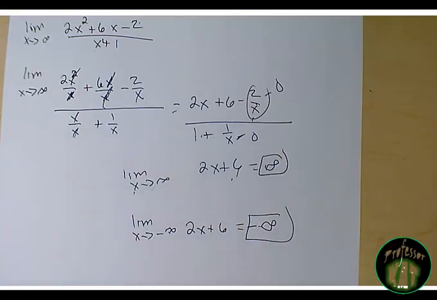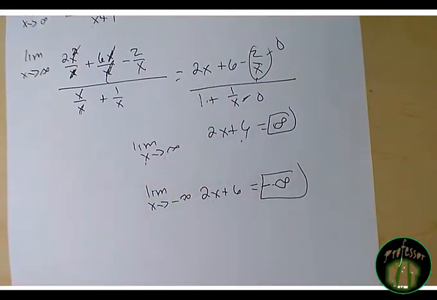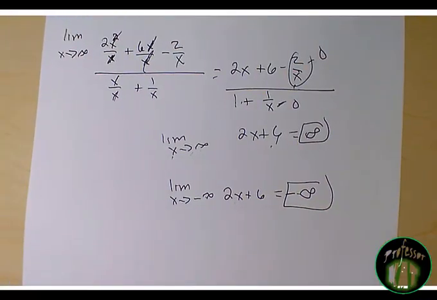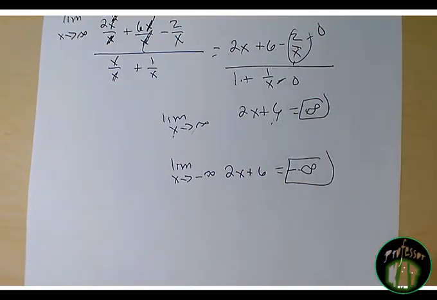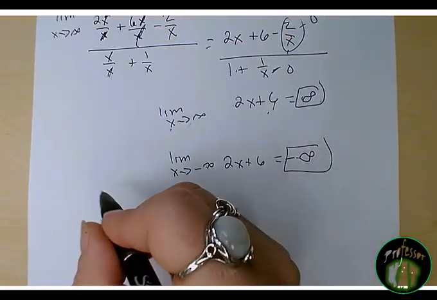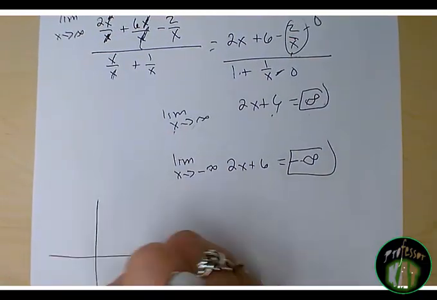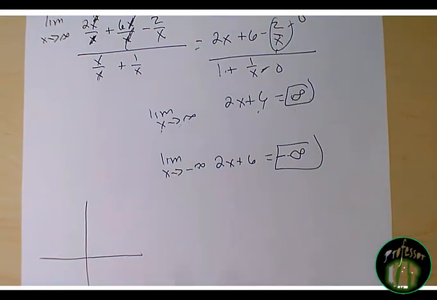Now, this problem wants us to find the limit of this rational function as it approaches positive and negative infinity, but it also wants us to determine the end behavior of this function. So we're going to use our limits to determine our end behavior. We know the further we go positive, it's going to shoot off to infinity.